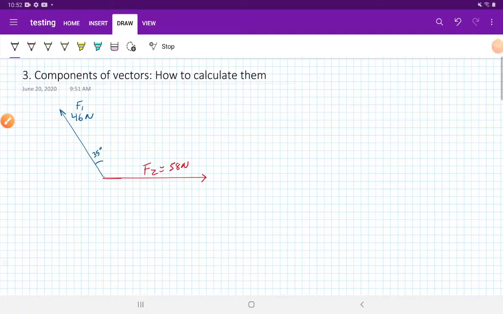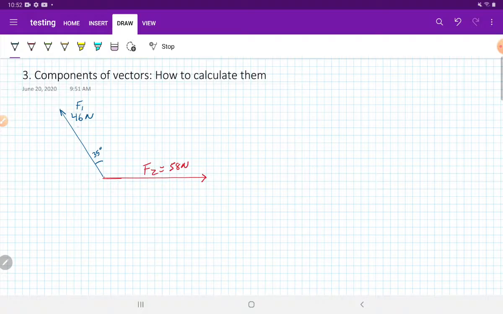Hi. Okay, so by now, when talking about components of vectors, you should know why we need them. We need them so that when we add two vectors at weird angles, we can't add them like that. So what we do is we break apart the vectors into their components.